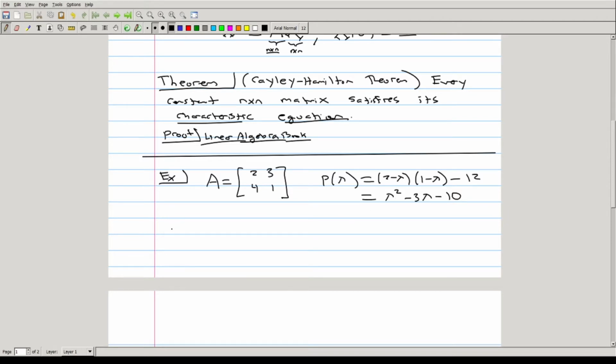If you take the characteristic polynomial of A, it is the matrix A squared minus 3 times A minus 10 times I, the identity matrix.